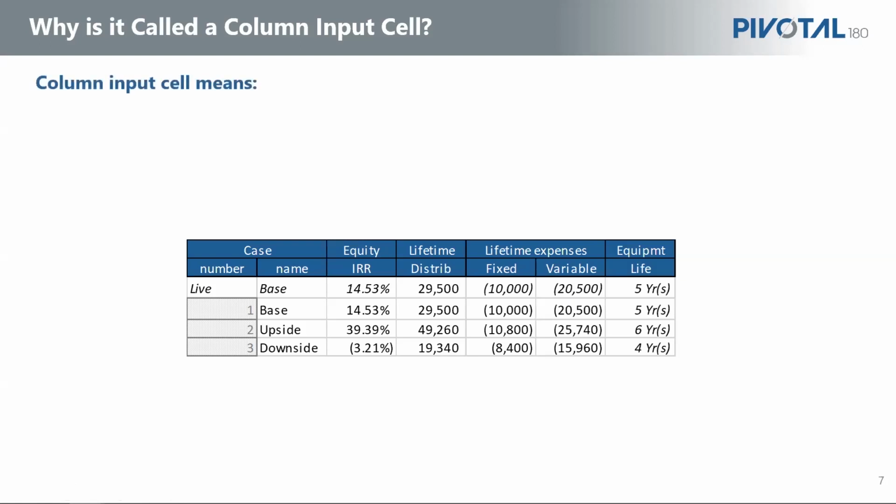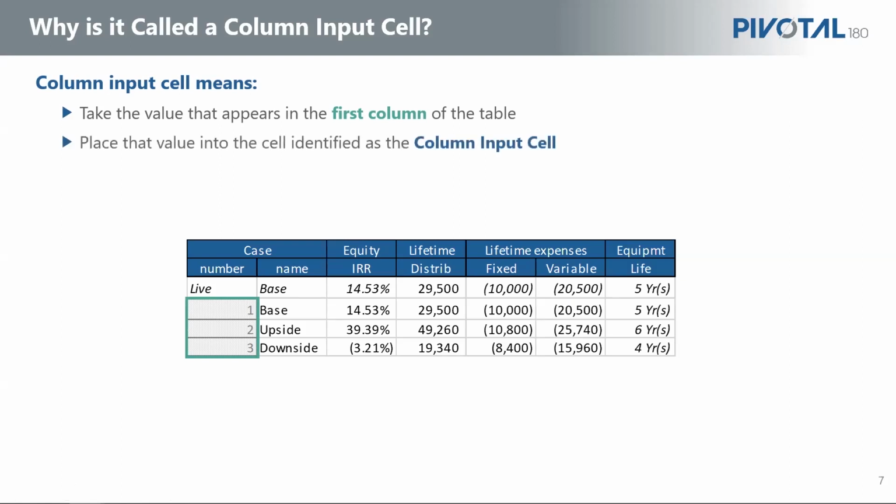Hopefully this will help. What the column input cell means is take the value that appears in the first column of the table. In this case, you'll see that first column is written in green, just as that green box is surrounding our 1, 2, 3. Then place that value into the cell in Excel that is specified as our column input cell.